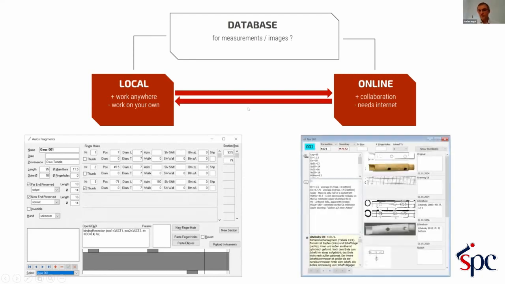And on the other hand, there's a much more modern image-based flexible database running on the internet, where we all can, especially now in the pandemic, work wherever we are, at home, for instance, and then this would give the data to the old style database, while the old style database might export some data to be represented in the other one, so we can achieve the best of both worlds in some way.